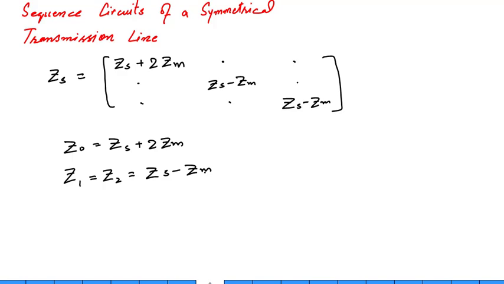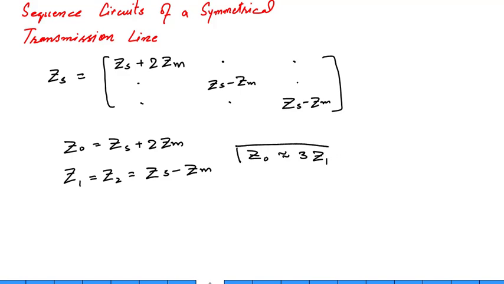Now from here we can conclude that for a transmission line, its positive sequence and negative sequence will be equal in all the conditions, and its zero sequence will be higher than its positive and negative sequence. The thumb rule is the zero sequence impedance will be probably 3 times the positive sequence impedance.